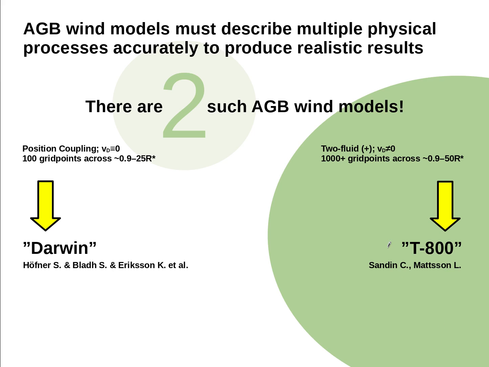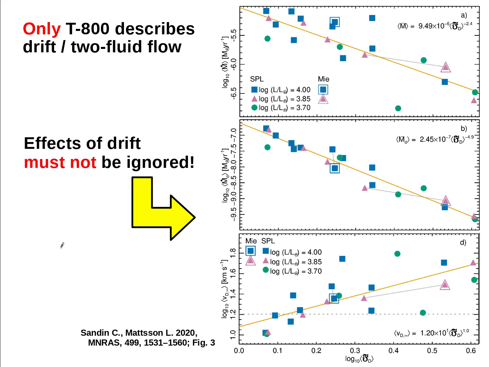Our recent T800 model includes two-fluid flow, and we use 1000 grid points and more because we want to have increased numerical accuracy. Other than that, T800 includes pretty much everything that DARWIN has and much more, except that DARWIN has oxygen-rich chemistry, which the T800 doesn't host so far, but we're working on it.